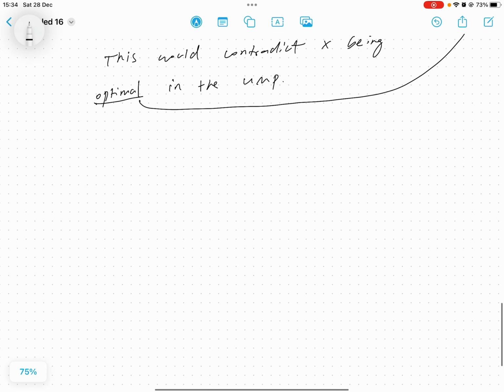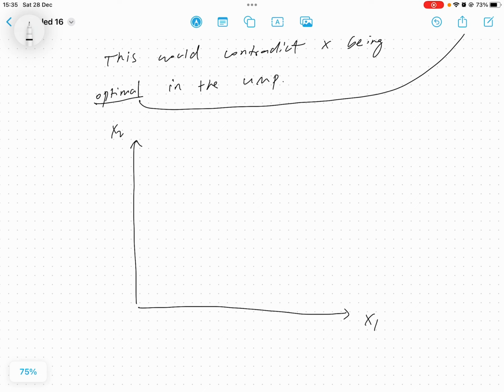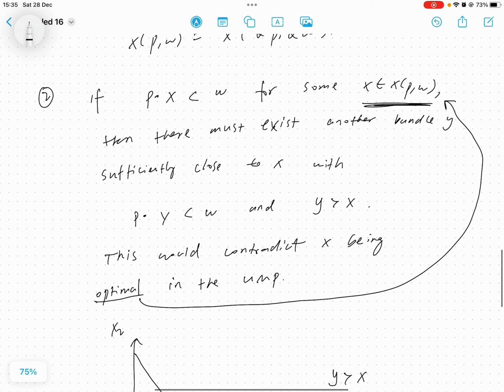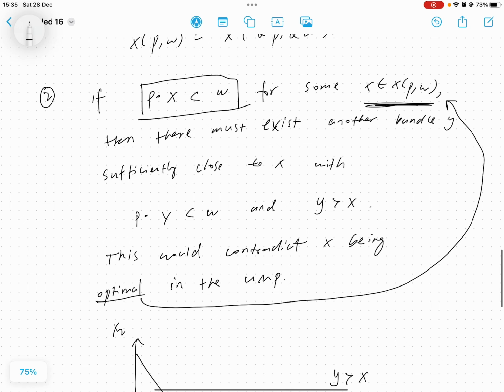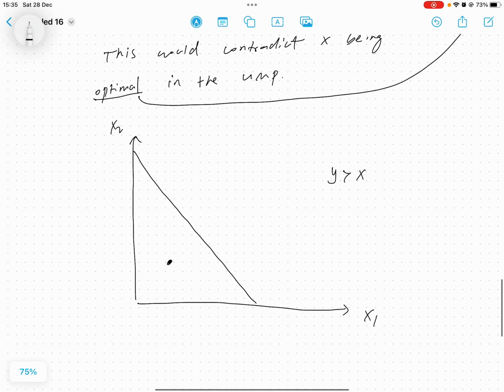Graphically, it is important to have some figures. Let's say this is x1, x2, and this is the budget constraint. We want some y strictly better than x. Because we're supposing that p inner product x is less than w, this x has to be below the budget line, somewhere here.